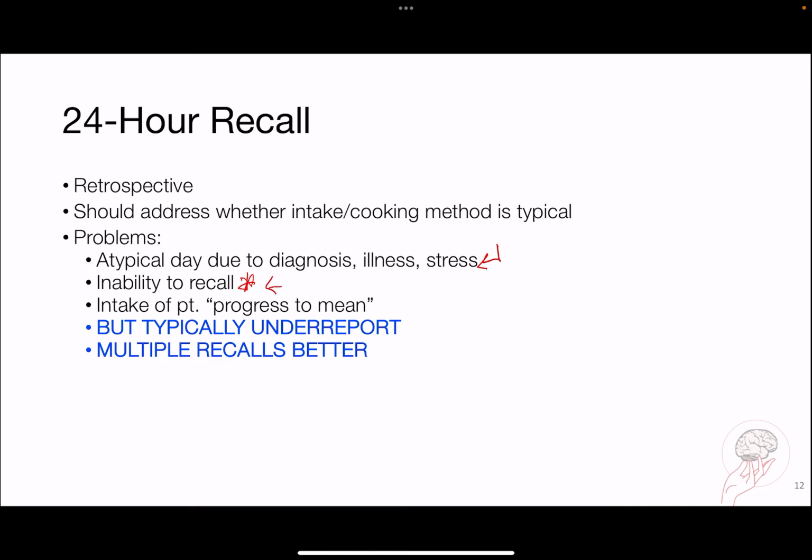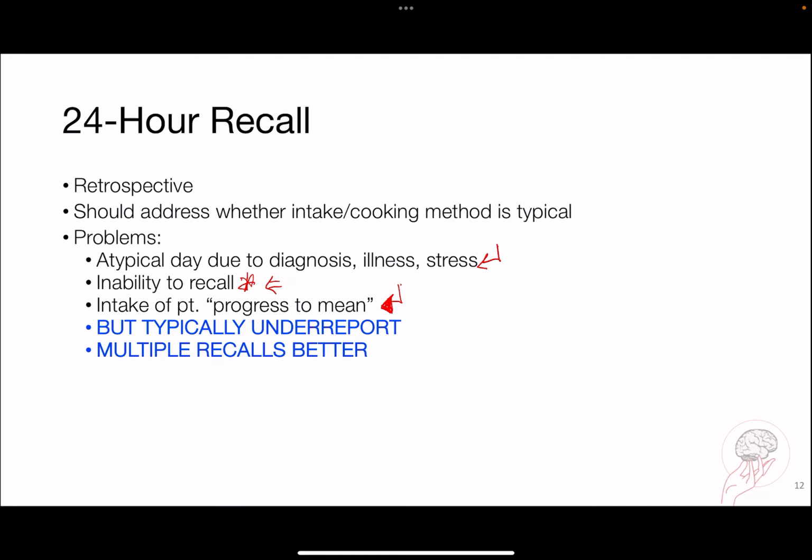So inability to recall is a real problem. In adults, it can be an inability to recall certain foods. I mentioned, you see a little bowl of candy, you have a couple of jelly beans. It's likely that you won't remember that. And then the intake of the patient can progress towards the mean, where they just remember the same things over an average time of day.